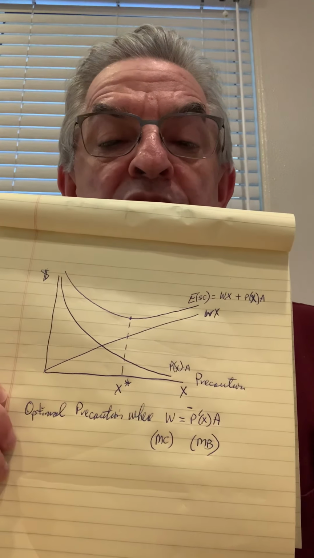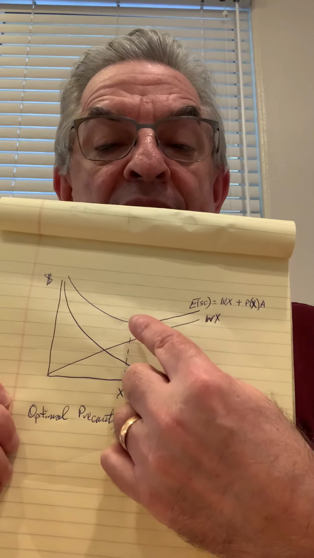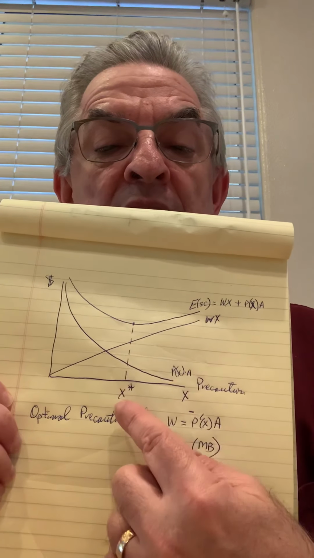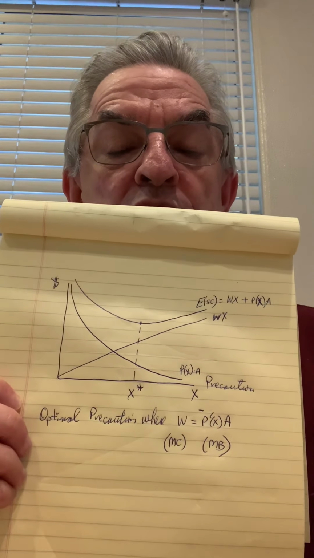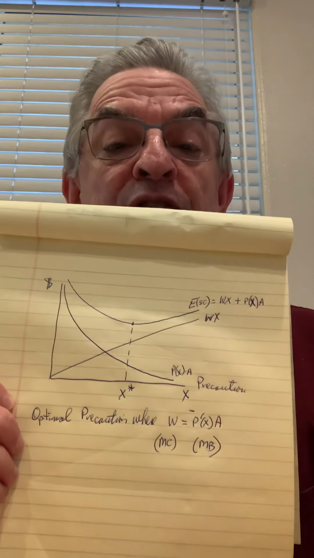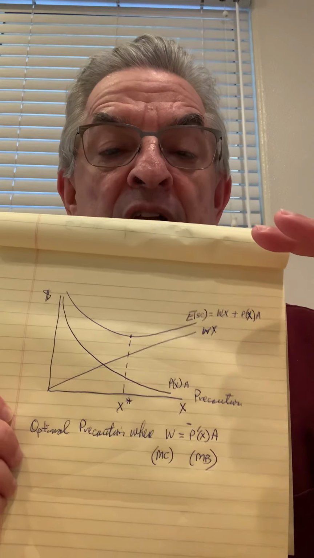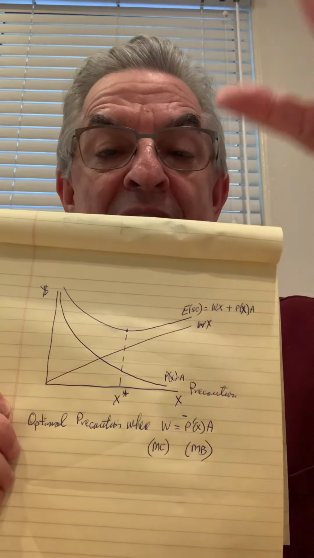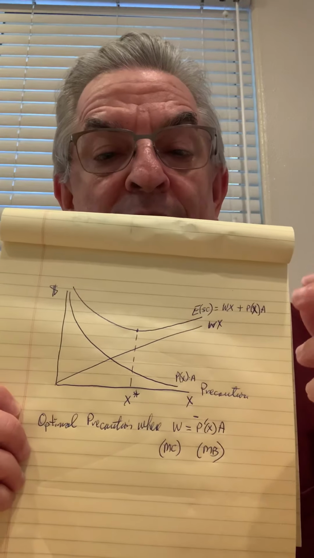And when we combine the two together, you can see we've got this curve that at its minimum point is going to give us X star, which is going to be the efficient level of precaution, because that's going to be the lowest combined cost associated with damages and the cost of avoiding an accident and avoiding those damages.